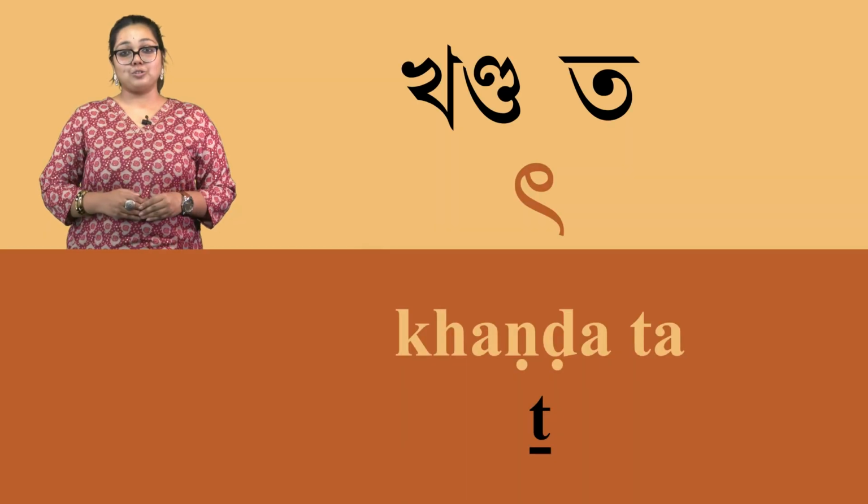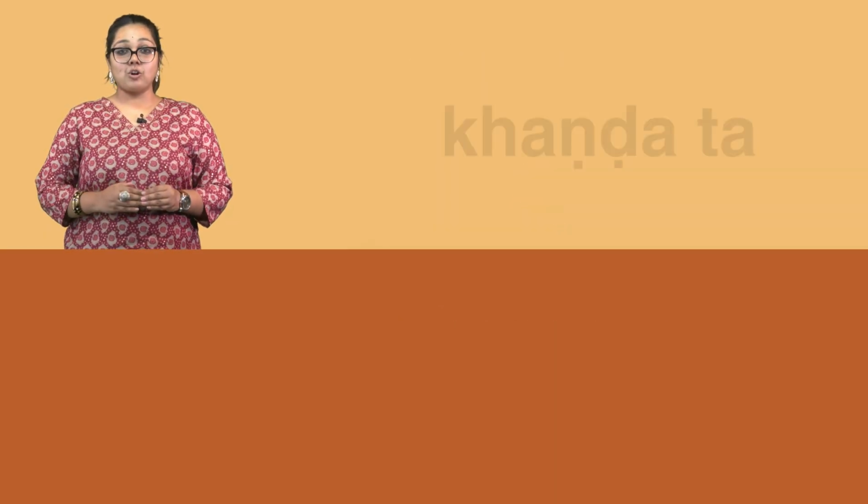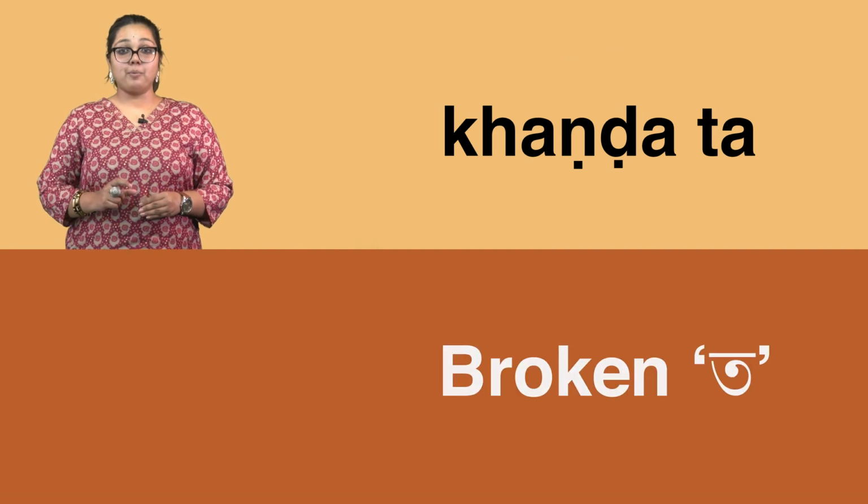The first letter we have here is Khandotta. It is called Khandotta, meaning broken ta, in Bangla because of not being accompanied by any vowel, as it happens generally in case of scripts belonging to Abugida type.